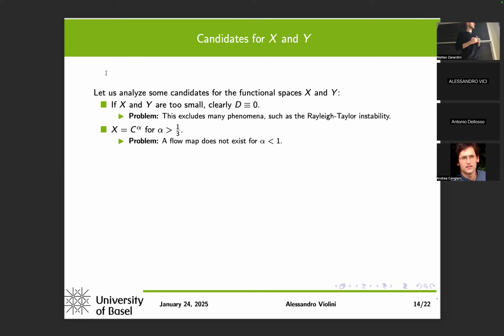So if your velocity field is just Hölder and not Lipschitz, you can immediately lose your regularity. And so it's very hard to work in this framework. And I'm not able to work in this setup.